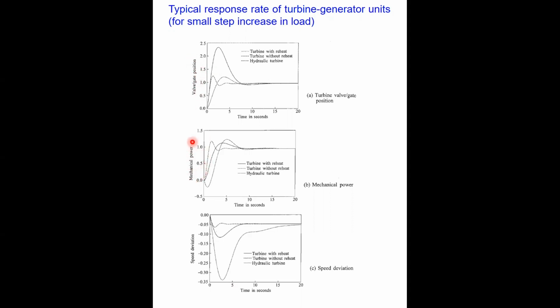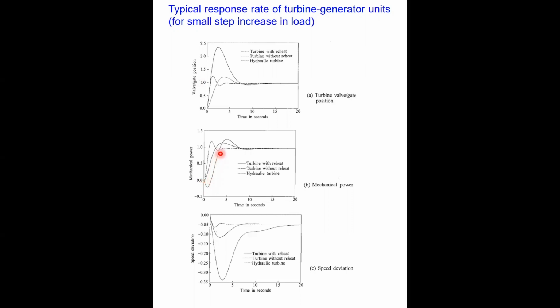Then for the case of mechanical output power from the turbine, you can see these three: hydro turbine, steam turbine without reheat, and with reheat. This characteristic is because of the non-minimum phase characteristic of the hydro turbine.